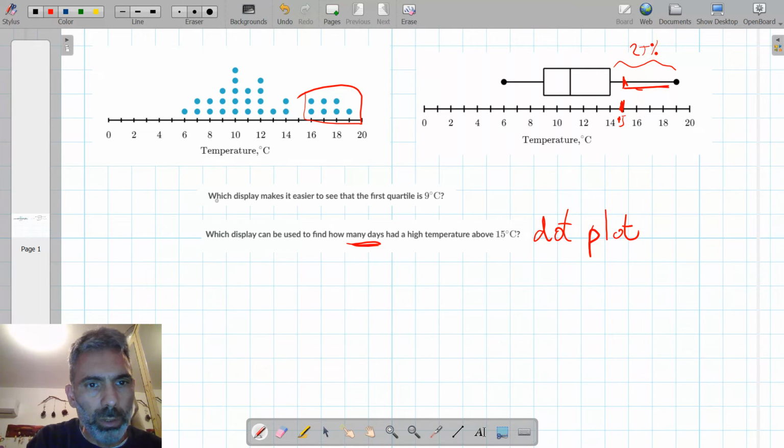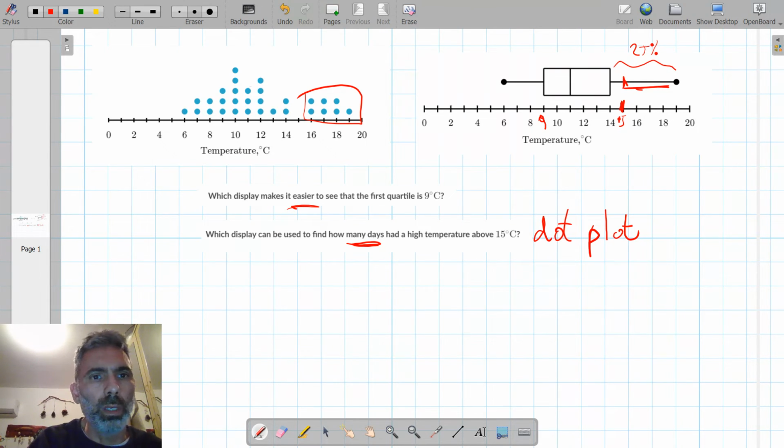The second question, which display makes it easier to see that the first quartile is 9. The first quartile is 9. Okay, so this is obviously the box plot and makes it easier.